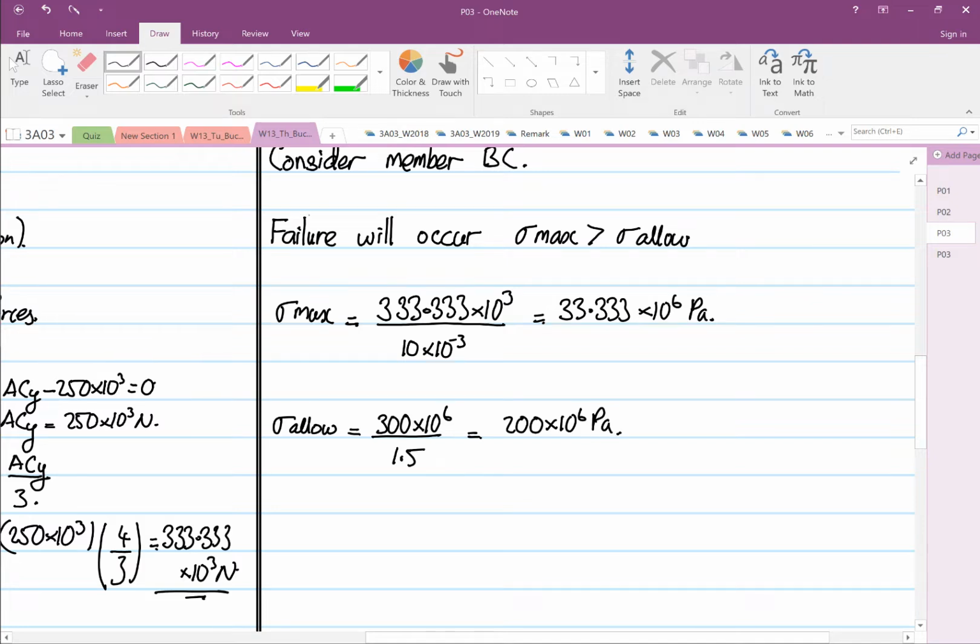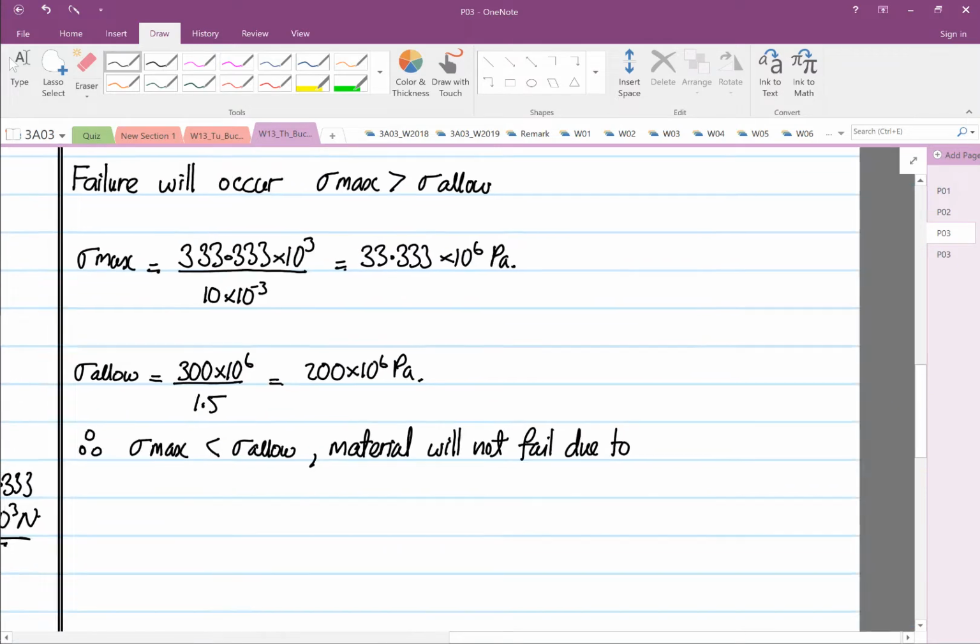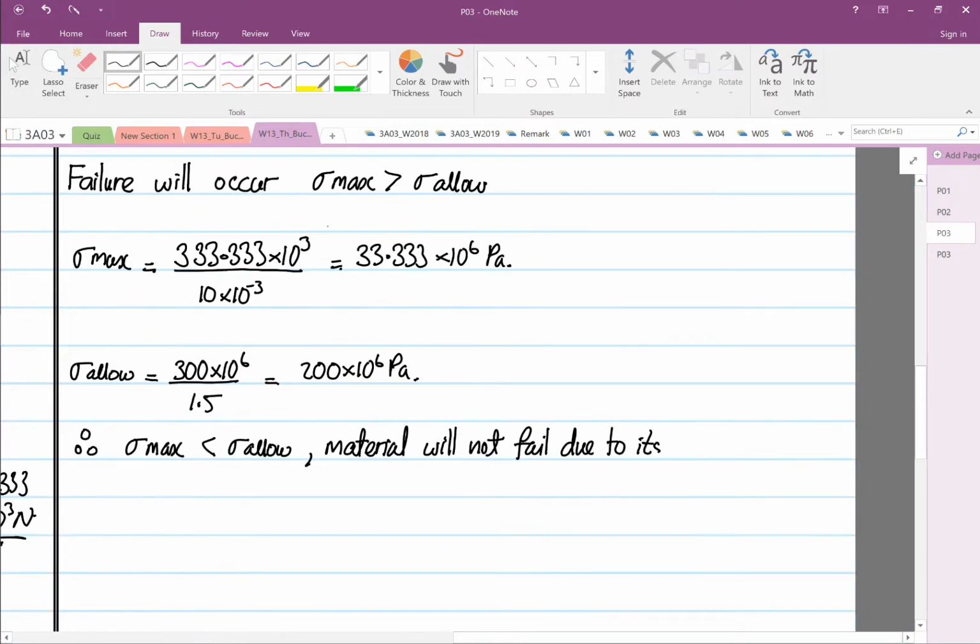So for this case, our stress max is less than the stress allowable. Therefore, the material will not fail due to its yield strength.